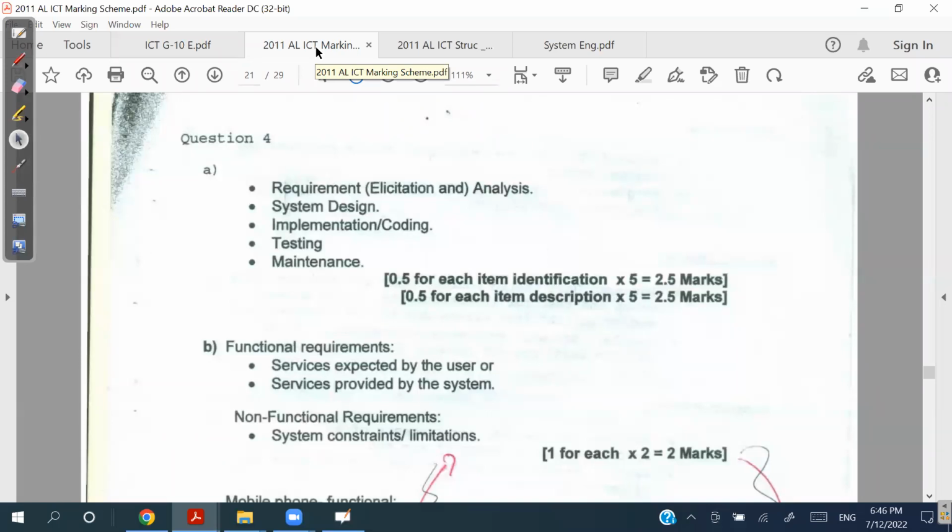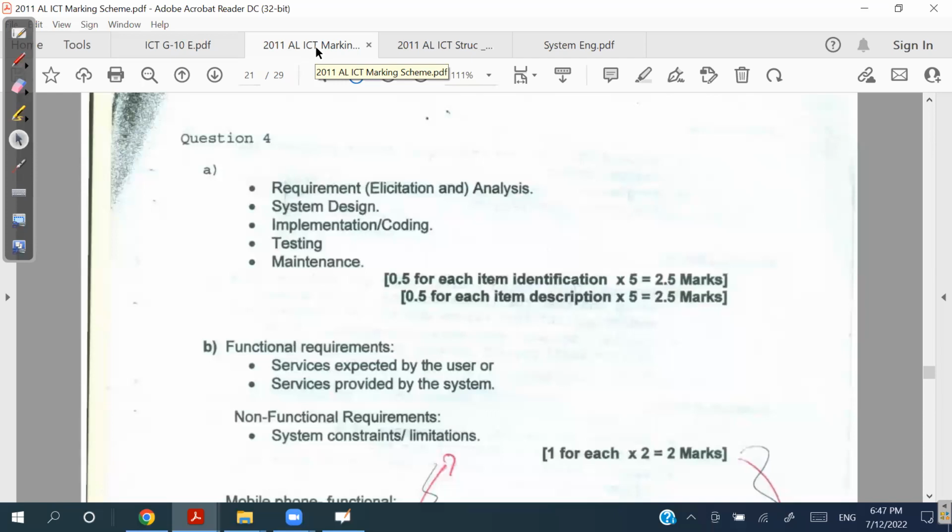And in the implementation or coding phase, according to the design that has been done, the coding will be done using a suitable programming language. Then after that, the testing phase happens, testing the test cases that were designed at the system designing phase, checking for any errors, and those errors will be corrected.